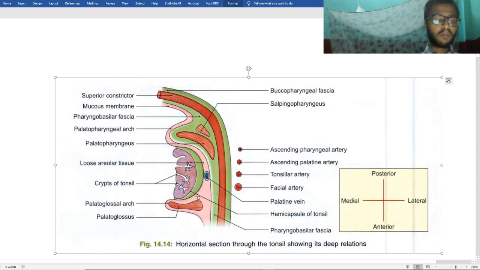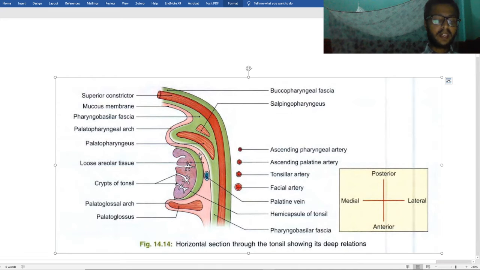It is only loosely attached to the muscular wall of the pharynx, formed here by the superior constrictor and by the styloglossus. Here you can see the superior constrictor, this muscle.